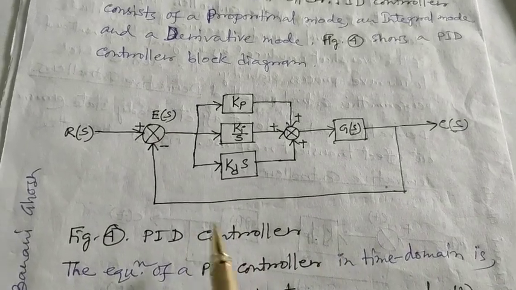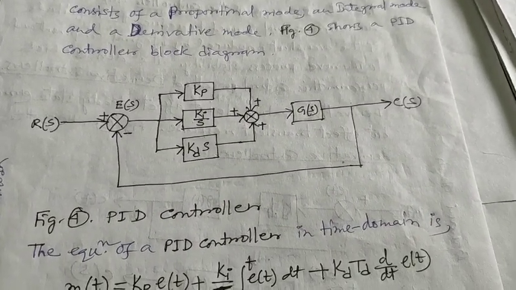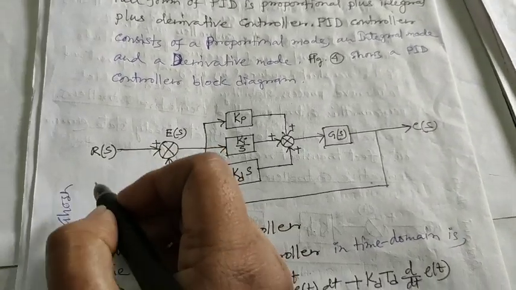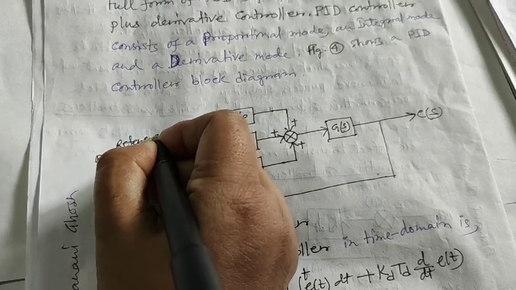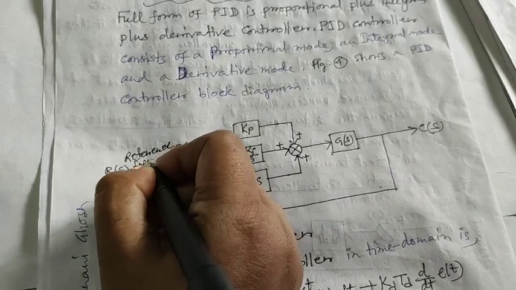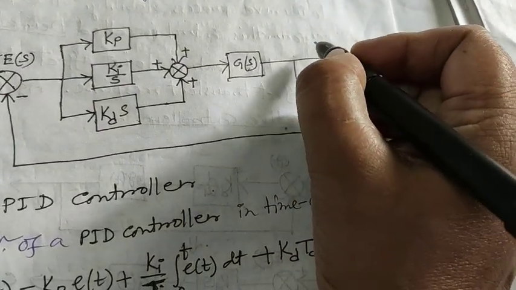The figure shows the block diagram of a PID controller. Here is the reference input, and this is the output.